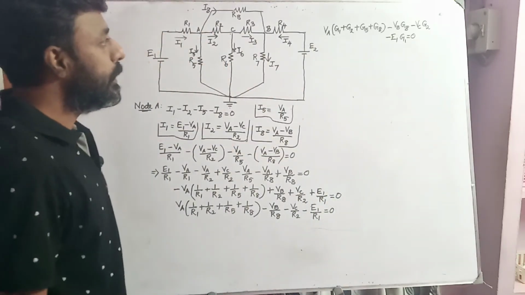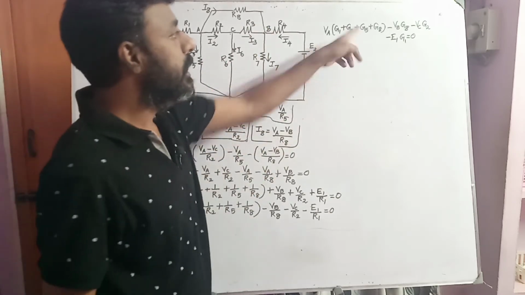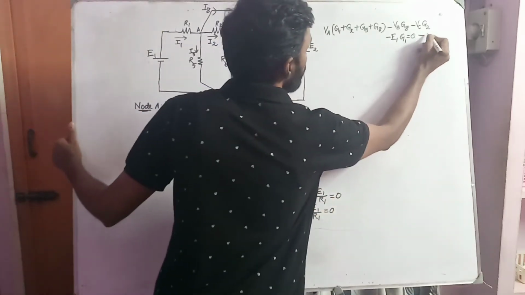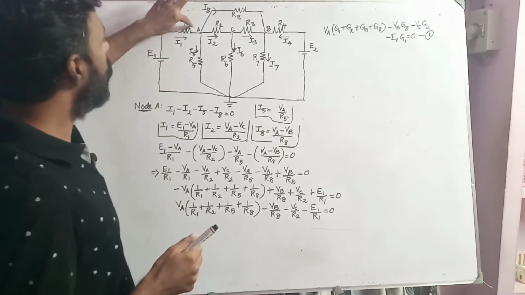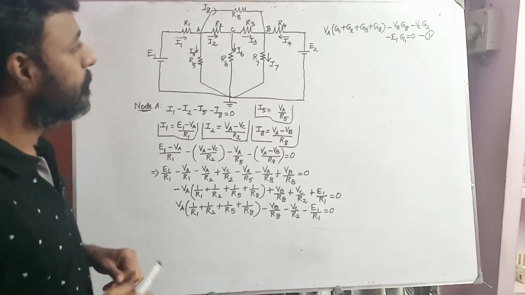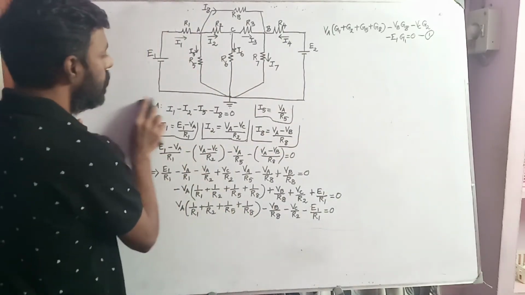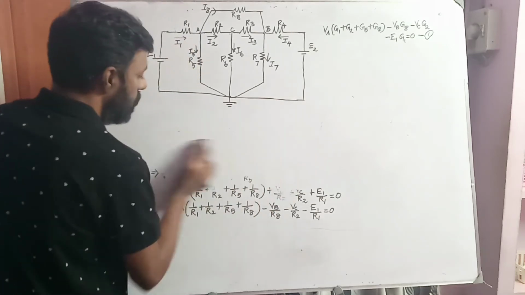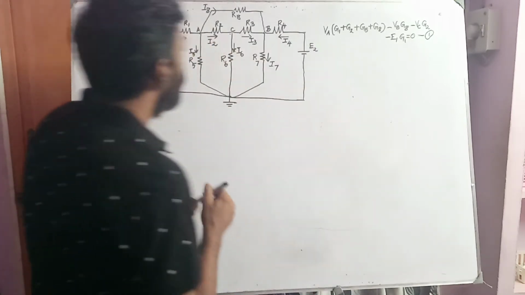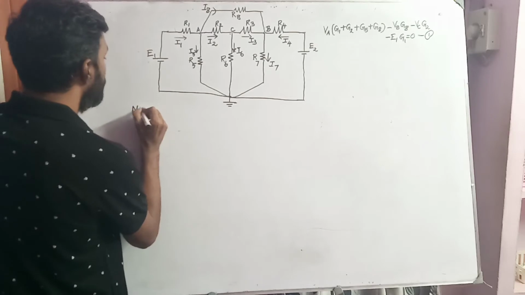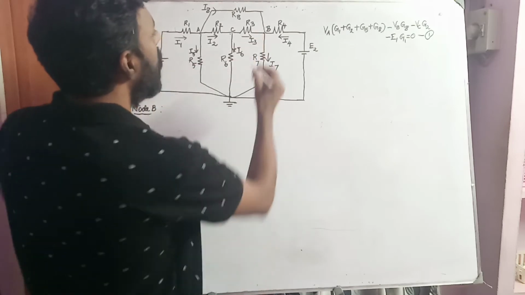So now we need to find the node B. We have obtained this equation, let us assume that it is equation number 1. We have found it for node A, now we are going to find it for node B. For node B, I'm going to apply KCL here.